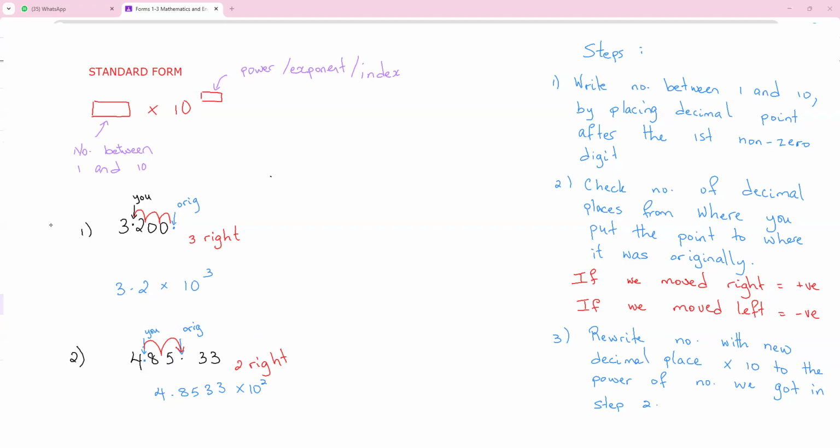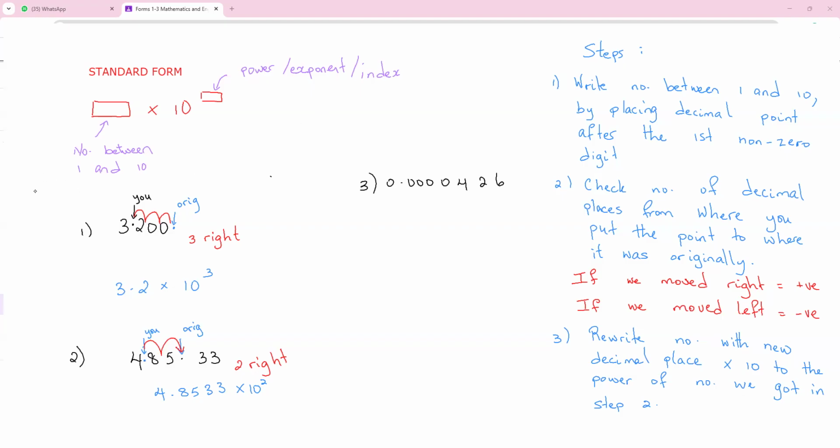Let's take a look at another one. So let's say they gave us 0.0000426. You're following the same set of rules, right?